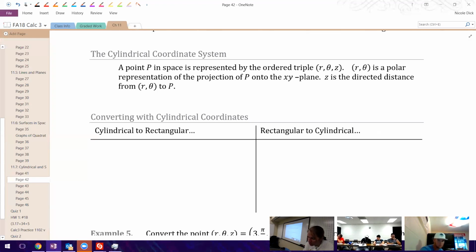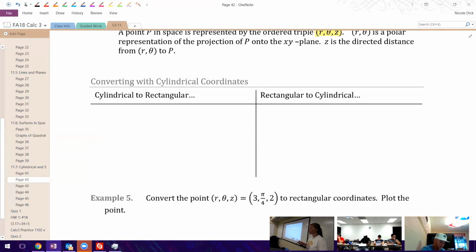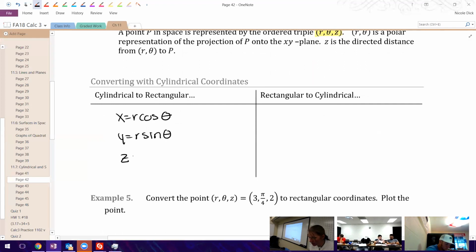So we are working with ordered triples. There are still just going to be r, theta, z. Again, r means the same exact thing, theta means the same exact thing, and z is just that distance we're going up or down there. So when we're making our conversions between cylindrical coordinates and rectangular coordinates, really it's the same thing we just had. X is still going to equal r cosine theta. Y still equals r sine of theta. And z is just z.